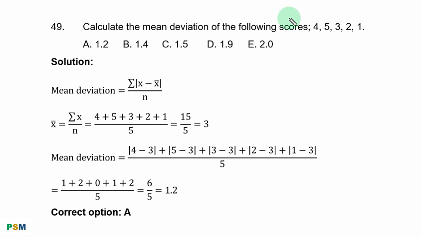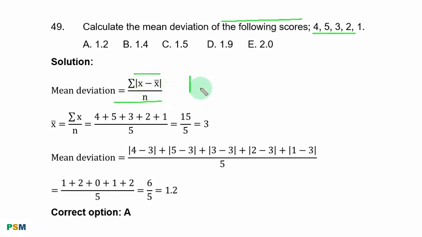Question 49. Calculate the mean deviation of the following scores: 4, 5, 3, 2, 1. Solution: mean deviation for ungrouped data is given by this formula. Summation of modulus of S minus S bar, that is the mean, over n.